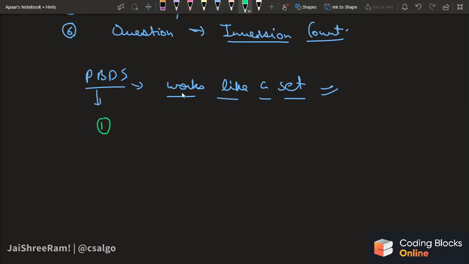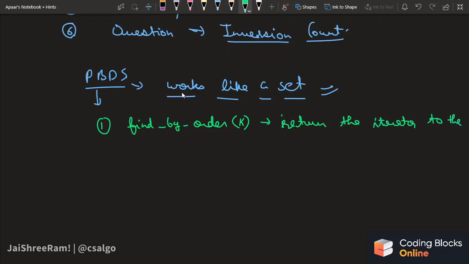The first functionality of the policy based data structure is find by order, let me write it. I'll also code it down. The find by order functionality, let me pass a variable k, returns the iterator to the kth largest element.